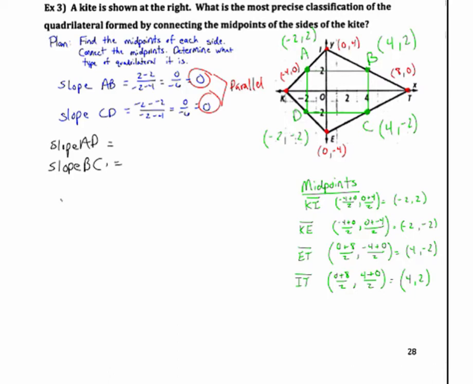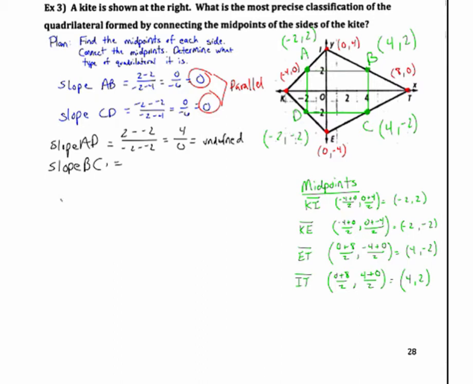But that could be a trapezoid if only one set of sides are parallel, so I'm going to find the slope of AD. So the slope of AD, I look at my coordinates, would be 2 minus negative 2 over negative 2 minus negative 2, y minus y over x minus x, which is equal to 4 over 0, which is an undefined slope. But that's okay.